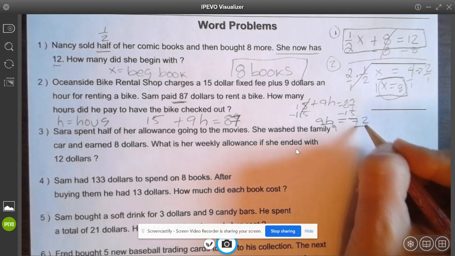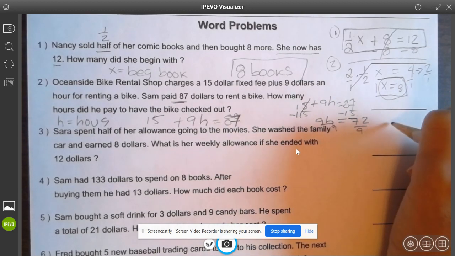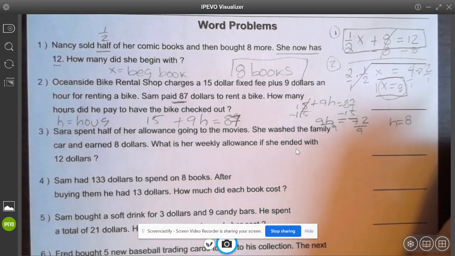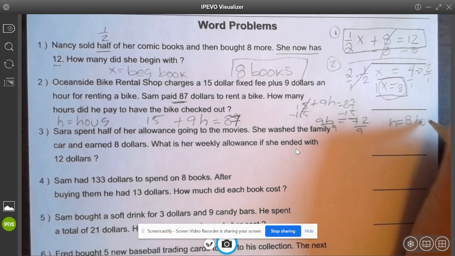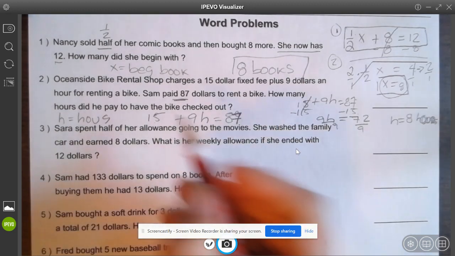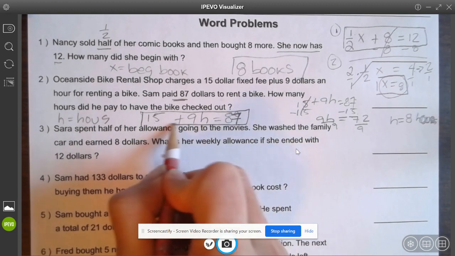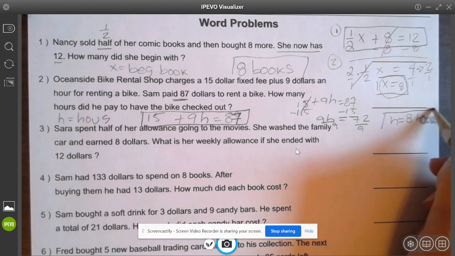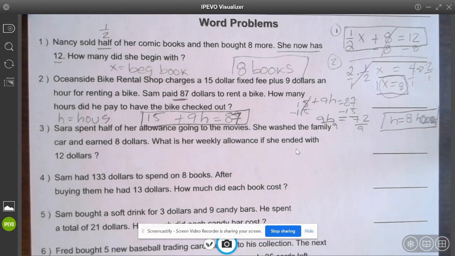And then you divide by 9, and then your answer is h equals 8, so 8 hours. Okay. All right. So first thing, we wrote our equation. Next thing, we have our answer. That's what I want from you.